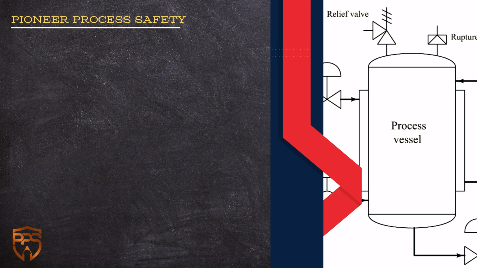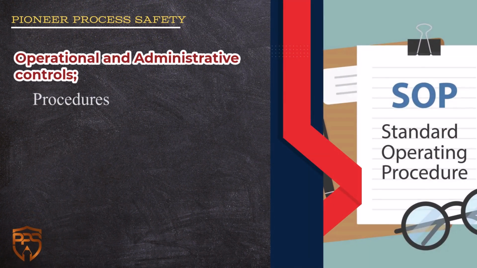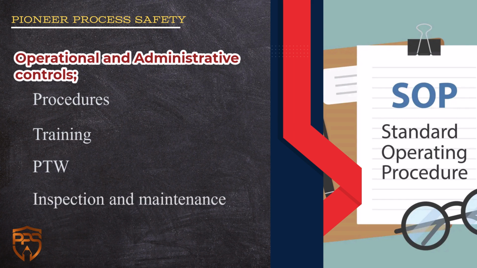Next, we add operational and administrative controls. Things like detailed operating procedures, training programs for operators, permit-to-work systems, regular inspection, and maintenance schedules that are the mechanical integrity program.